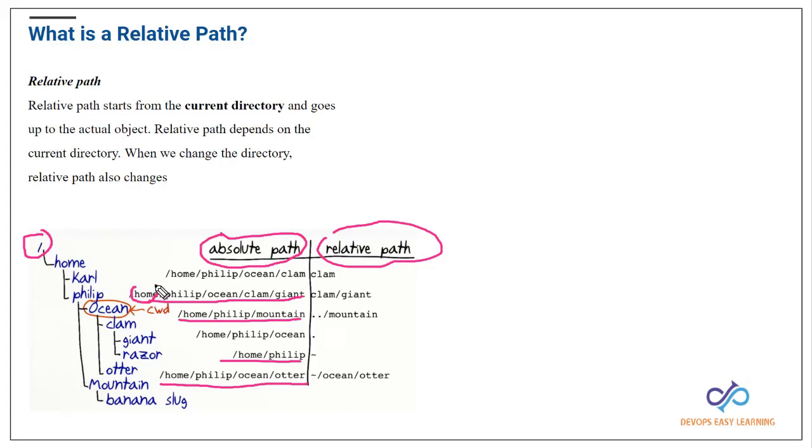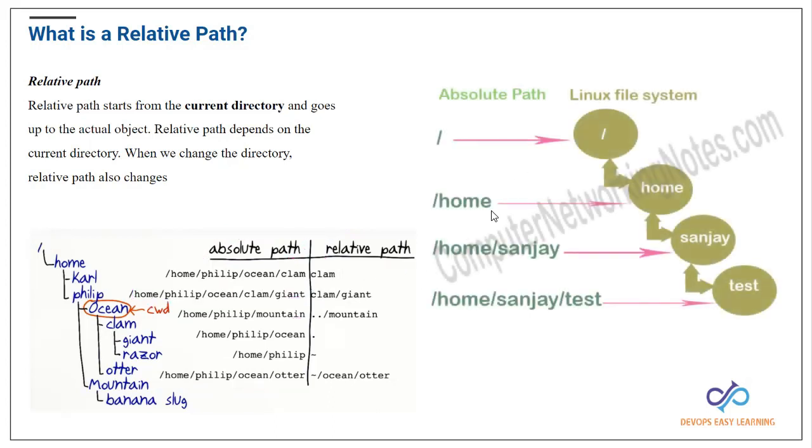Because home here is within the root file system. If you start from anything within the root file system, that is called the absolute path. And for the relative path, let's say you start from here to hit this actual object. This will be a relative path. It starts from the current working directory to the actual object.